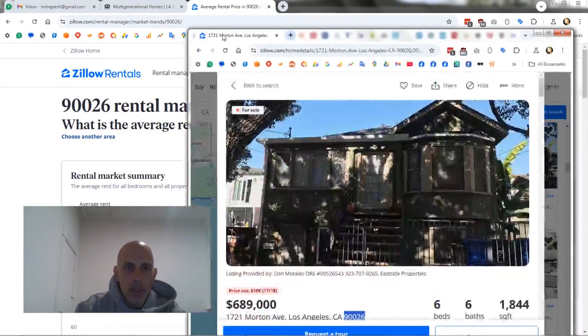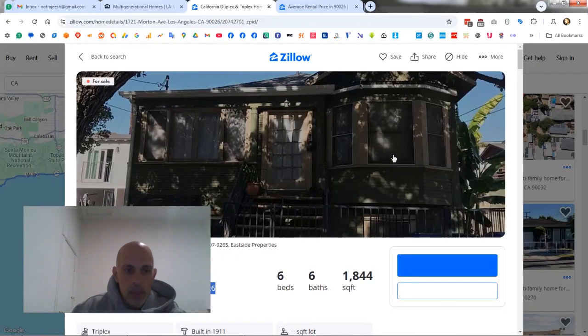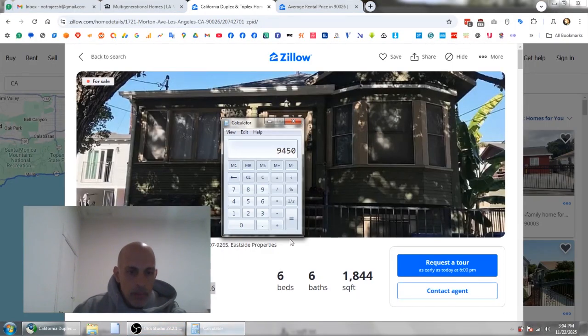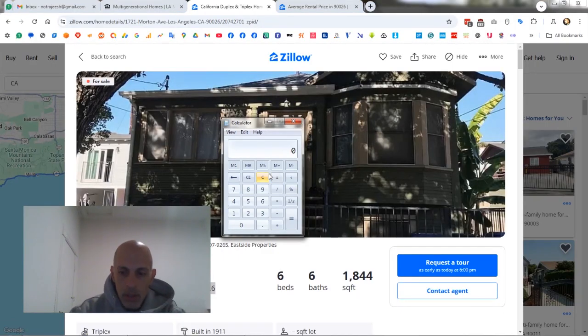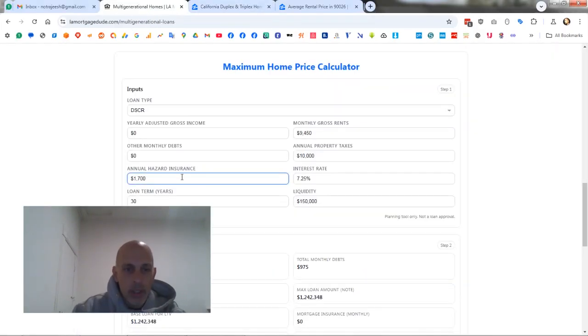Oops, what happened there? Got stuck to my little mouse. That did not sound right. Times 1.25%, 8612. So you're looking at 8612. Let's just say 2,000 just to be safe.